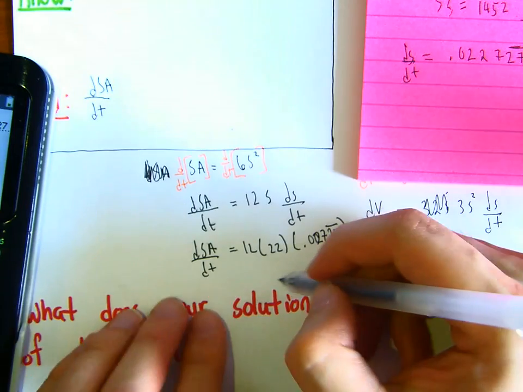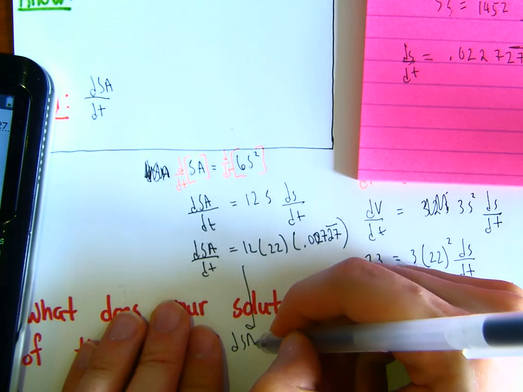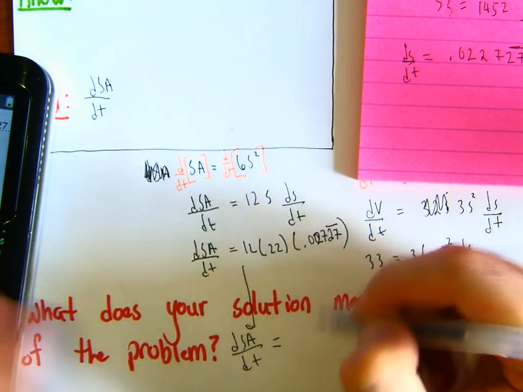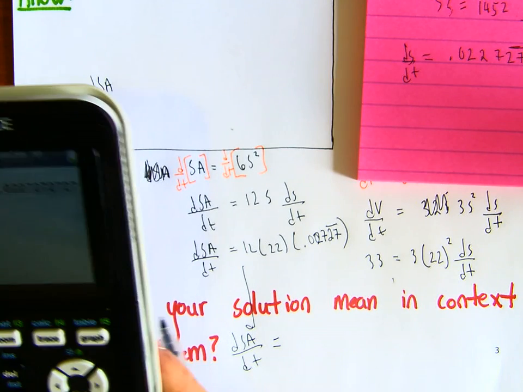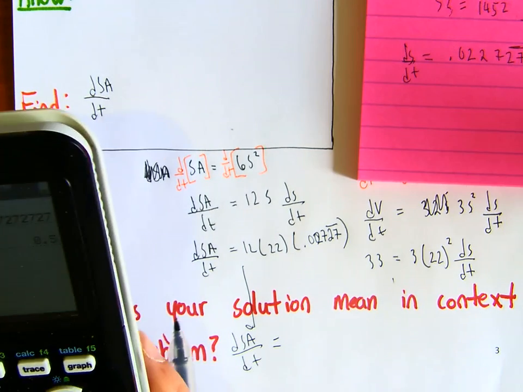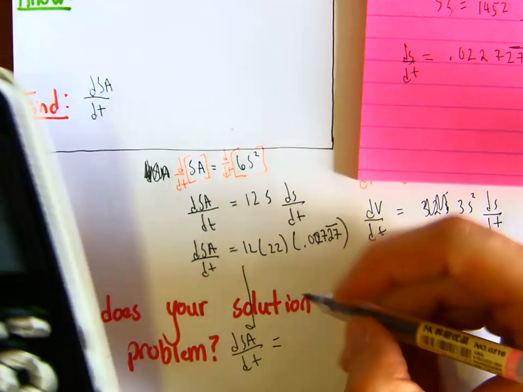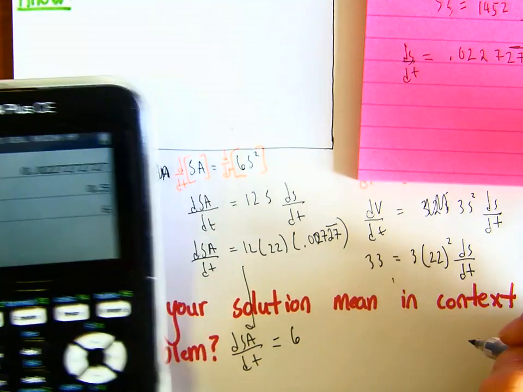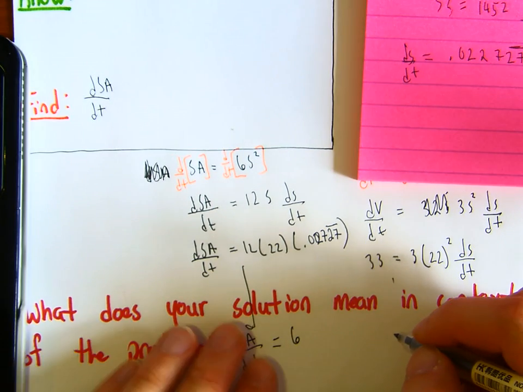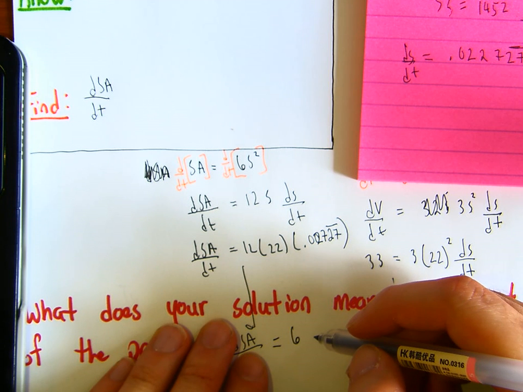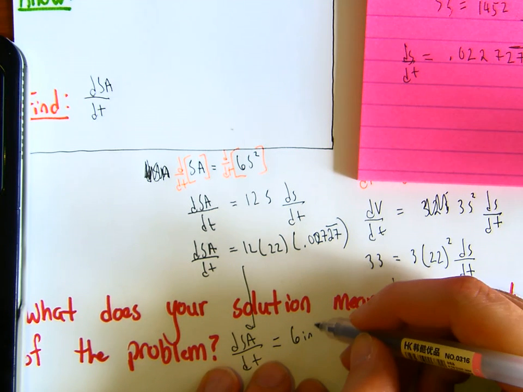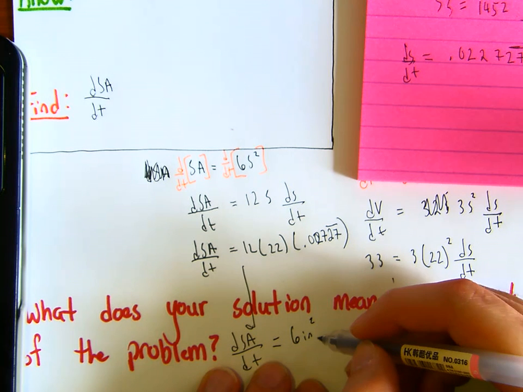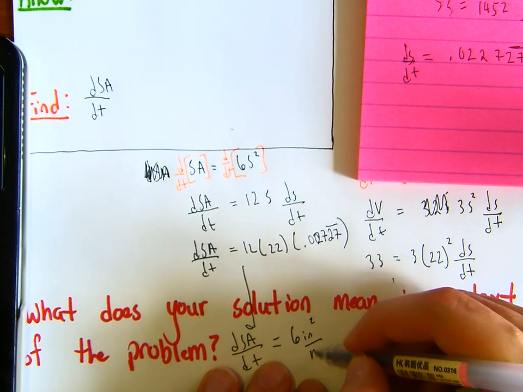And then that's it. You just multiply these numbers, and notice it should be 6. So what this is saying is that the surface area is increasing by 6 inches squared per minute.